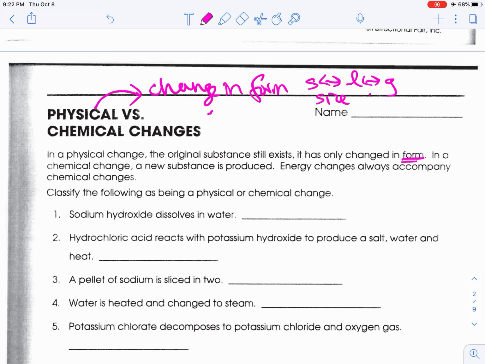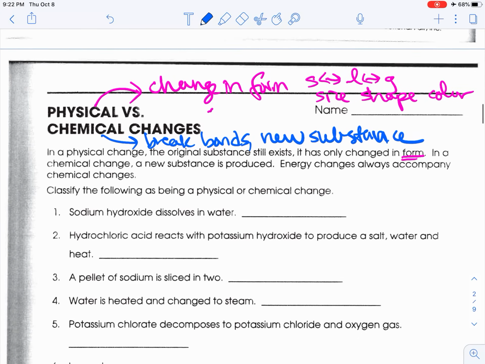Size, shape, color, etc. Ooh, how about blue? Chemical changes. We're going to break bonds. We're going to form a new substance.